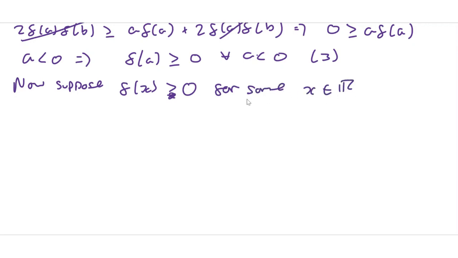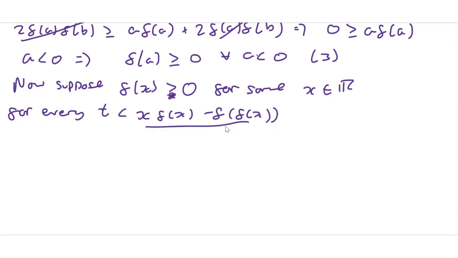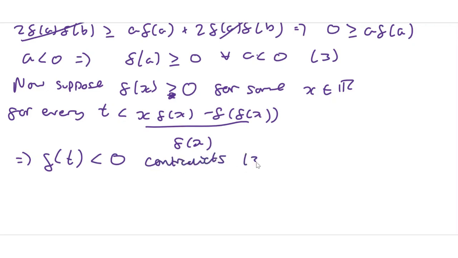Okay. From inequality 2, we get that for every t, so if we have a t satisfying this inequality, if t is less than x minus f of x over f of x by 2, this implies that f of t is less than 0, which contradicts inequality 3.